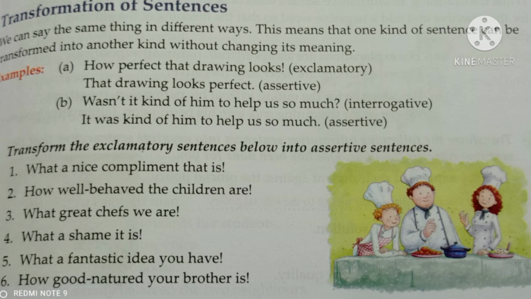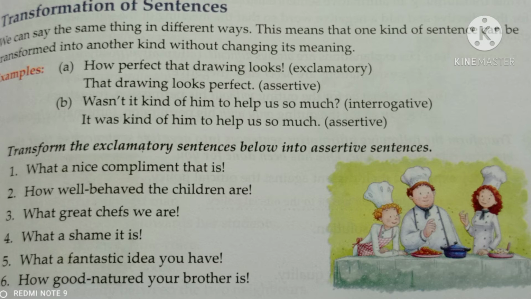Okay, we can say the same thing in different ways. This means that one kind of sentence can be transformed into another kind without changing its meaning. For example, how perfect that drawing looks, that is exclamatory, but it can be changed into assertive: that drawing looks perfect.